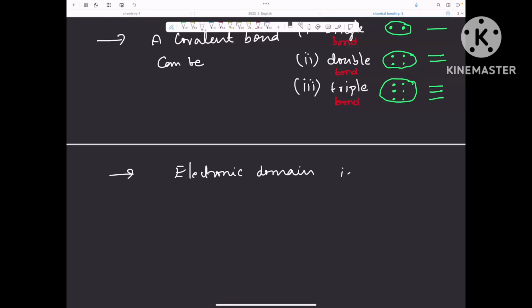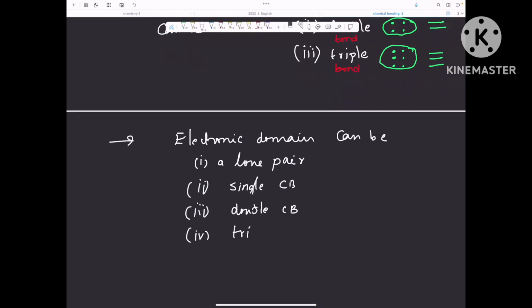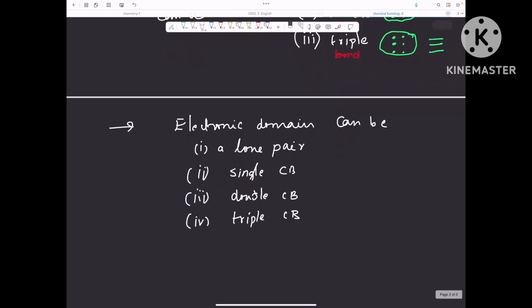An electronic domain can be a lone pair, can be a single covalent bond, or an electronic domain can be a double covalent bond, or it could be a triple covalent bond, or it could be a single electron.